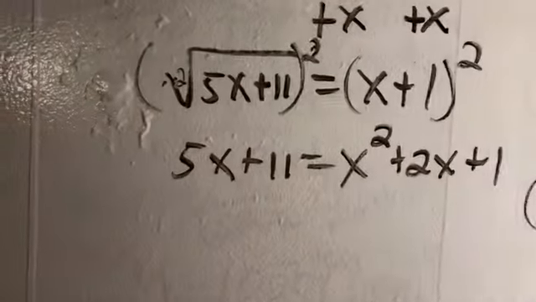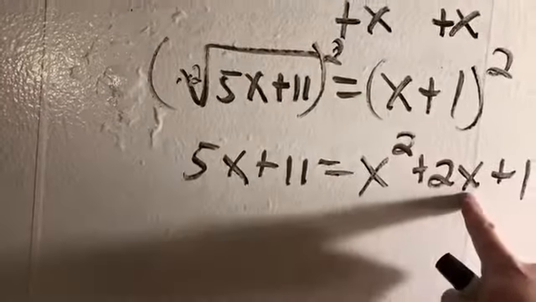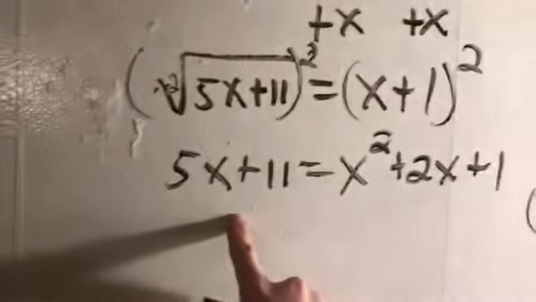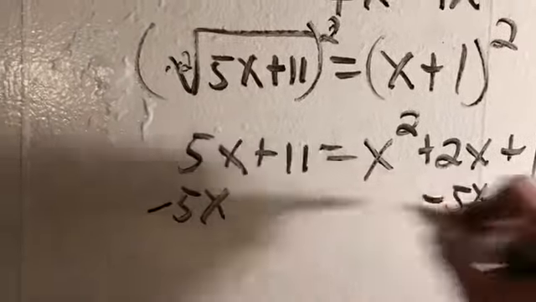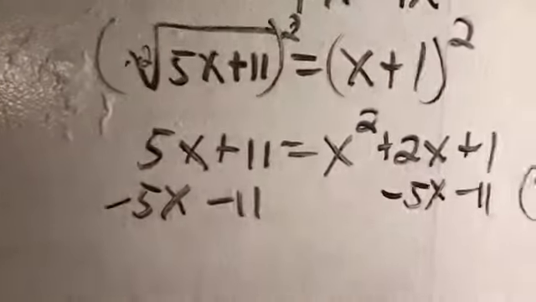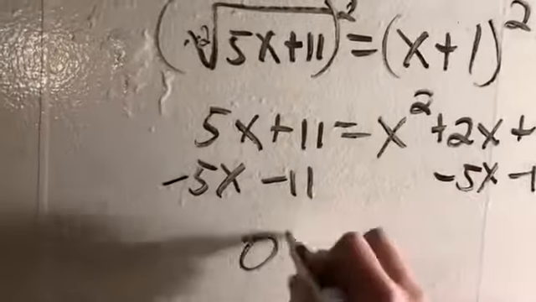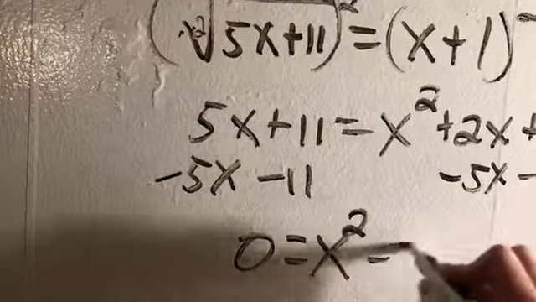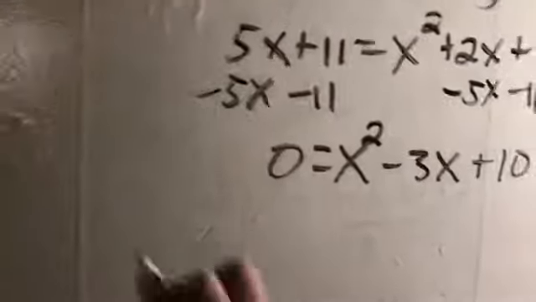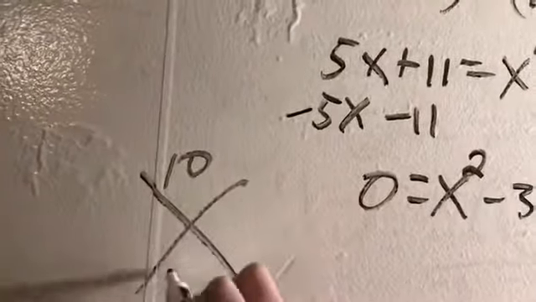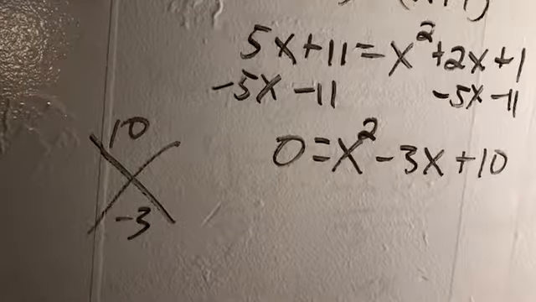Now, since this is a quadratic equation with x squared and regular x, I need to get one side equal to 0 before I can solve this quadratic. So I'll subtract the 5x, and I'll subtract the 11. So I get 0 equals x squared minus 3x plus 10. And now we can factor. What multiplies to 10 and subtracts to 3?